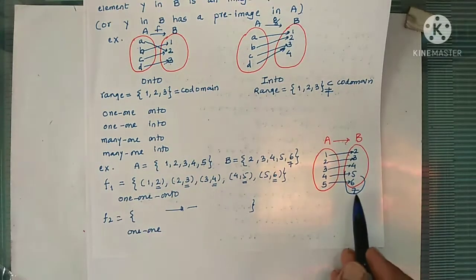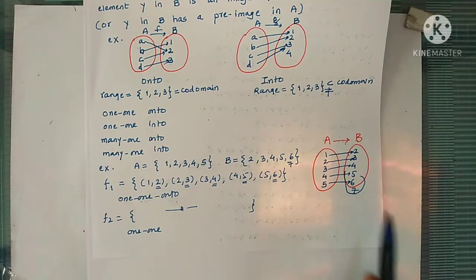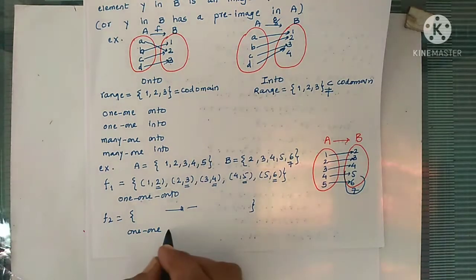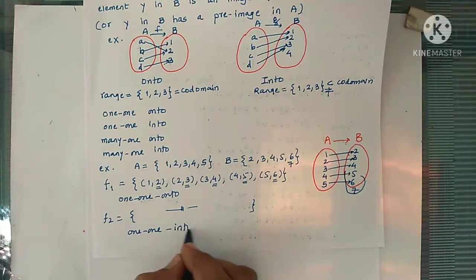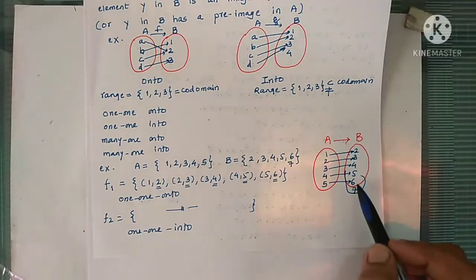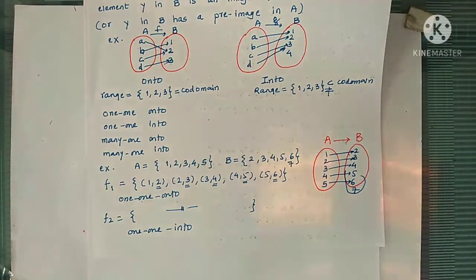But 7 remains such that 7 is there and 7 does not have any pre-image. So 7 does not have an arrow. So it does not have any pre-image. That means there is no element in A having image 7. So it becomes an into function. Instead of onto, now it is into, because the range is now 2, 3, 4, 5, 6 and it is a proper subset of B. So it is a one-one and into function.